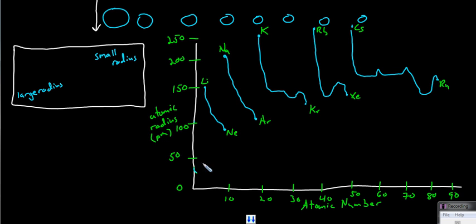Okay, so period 1, 2, 3, 4, 5, 6. Each period we see the same thing happening. Big up and then fall, big up and then fall. It's a periodic trend. This is kind of the basis of the word periodic table.